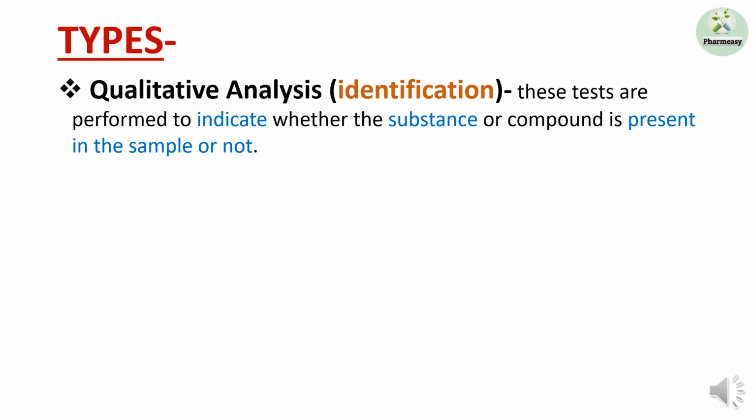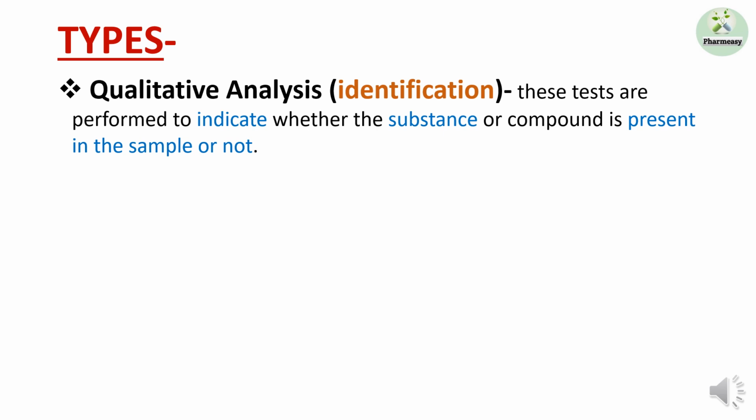And there are two types of pharmaceutical analysis, that is qualitative analysis and quantitative analysis. Qualitative analysis involves identification, and these tests are performed to indicate whether the substance or compound is present in the sample or not.